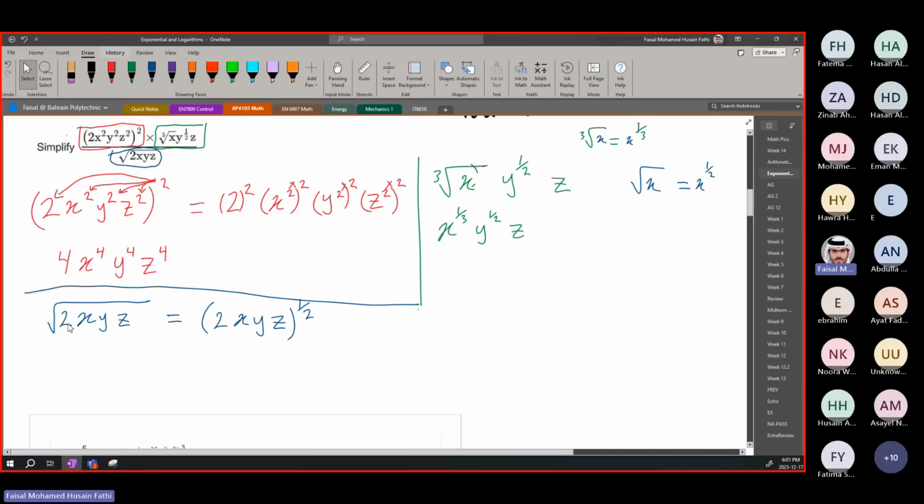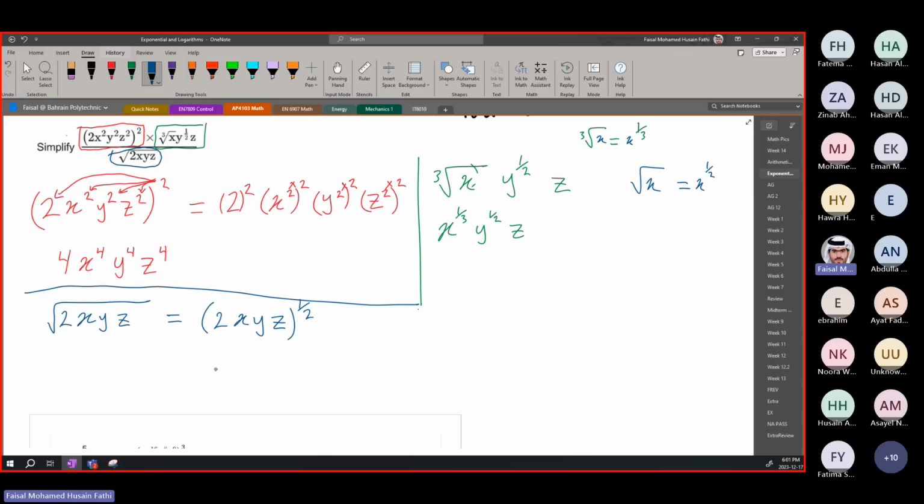You need to understand when you have a square root or a cube root, you can instantly transform it into a power of half, or a third, of everything inside it. And because it's an exponent here, we do the same law here. We can just distribute this into each one inside. Just distribute it. This is one of the laws of exponents. So it is going to be equal to 2 to the power of half.